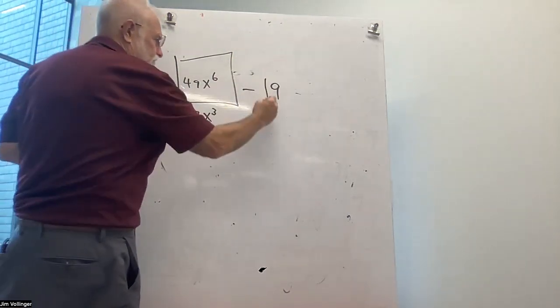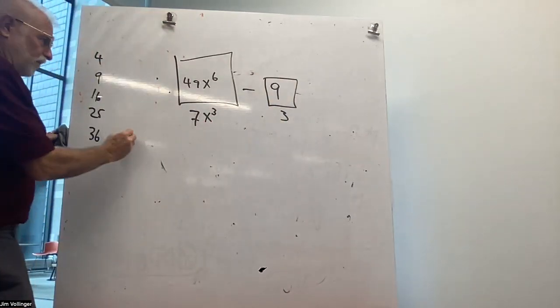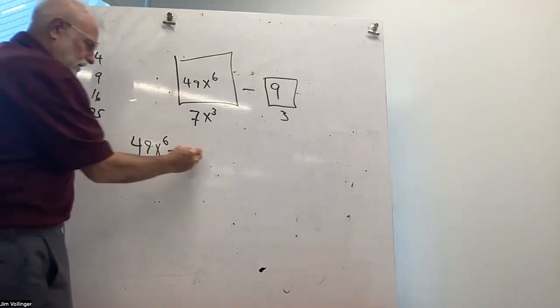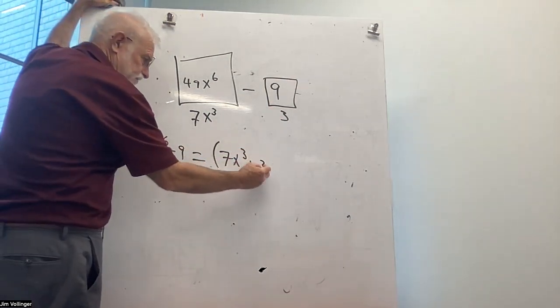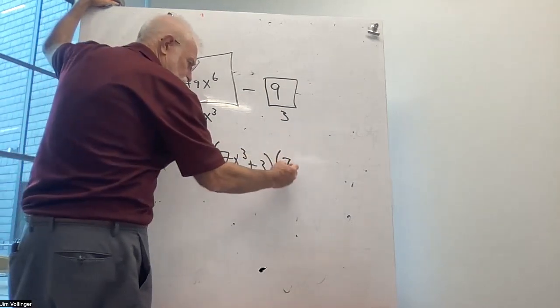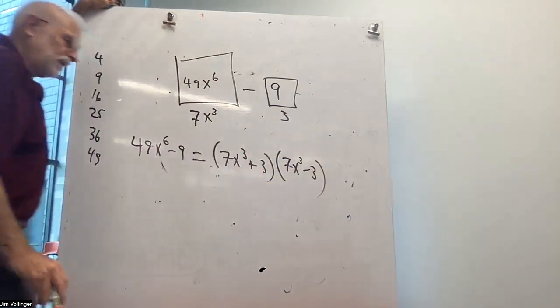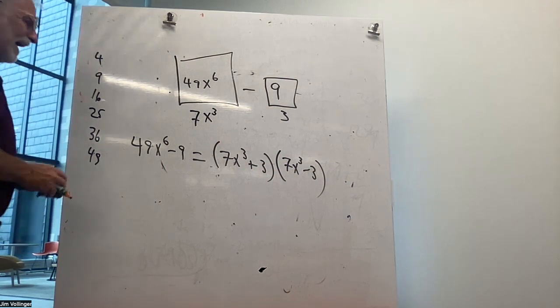And 9 gets you that. So what's another way of writing 49x to the 6th minus 9? It's the sum of the square roots times the difference of the square roots. And I'm going to make a rapid fire 5 video that shows that 5 times in a row. By the time you get to the 5th one, I hope you've got it in your pocket.